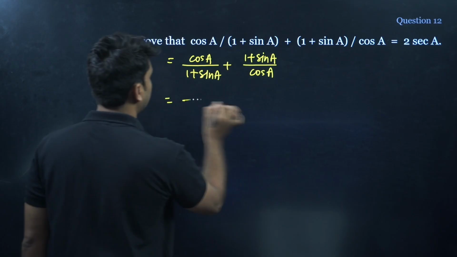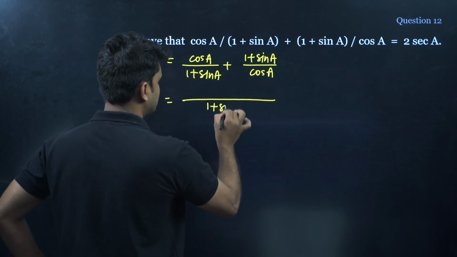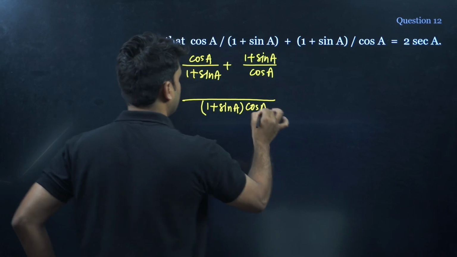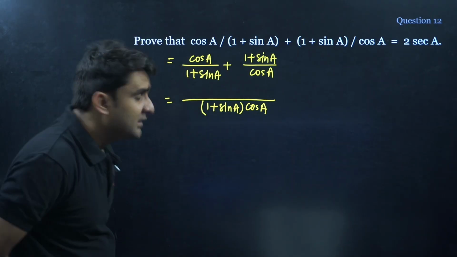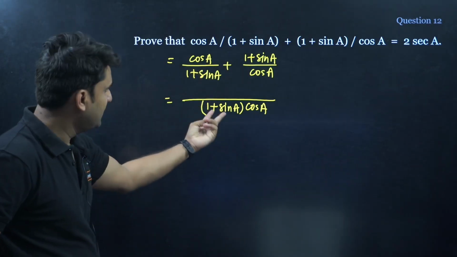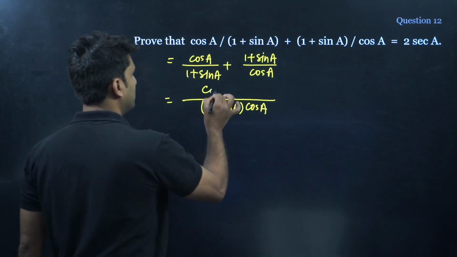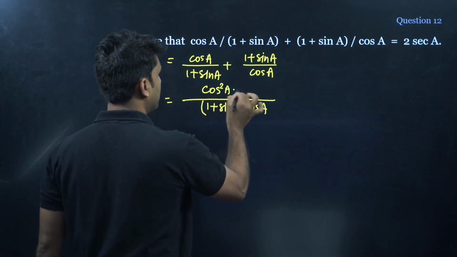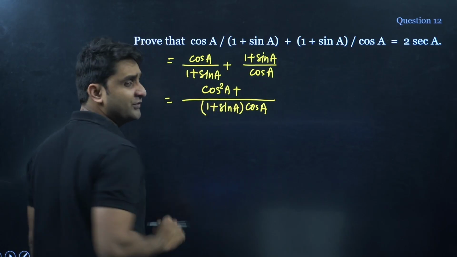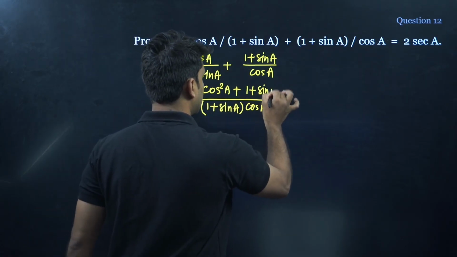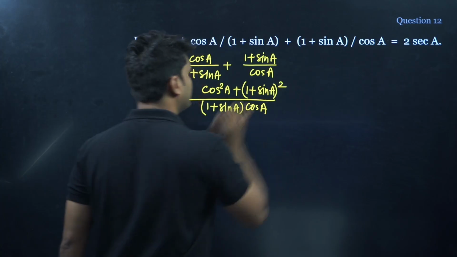Let's take the LCM. So (1 plus sin A) and cos A. Clear? And here we have this as the LCM. So cos will multiply with cos, so it will look like cos square A. This is cos A, this is cos A. So 1 plus sin A will multiply there, (1 plus sin A) whole square.